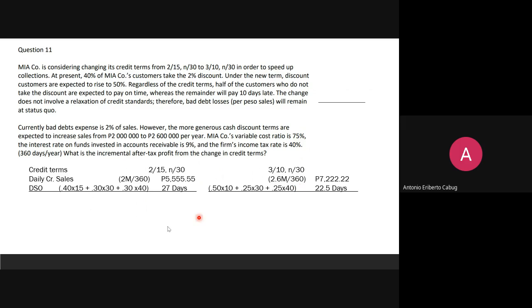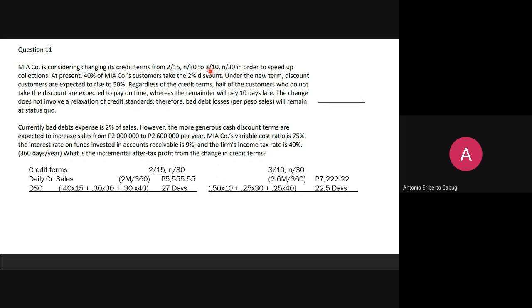Now, what about the DSO? Dati, yung DSO, 40% kumukuha ng discount. The discount before is on day 15. Bayaran nila before day 15. And then, half of the remainder, 60% divided by 2 is 30%, will pay on time, day 30. The other half will pay 10 days late. Under the new term, the number of discount customers will now rise to 50%. Kalahati ng customers kukuha ng discount, pero kailangan nila magbayad ng day 10.